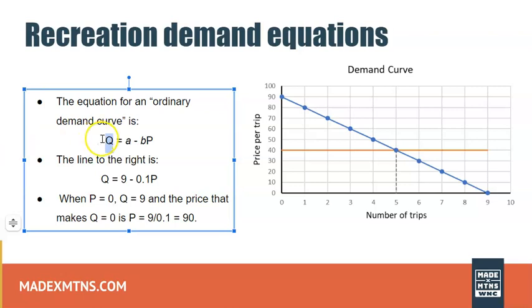Where quantity is number of visits to an outdoor recreation site, and price is the transportation costs, time costs, and entrance fees. Okay, and if you can collect survey data and estimate the demand curve statistically, you can apply some numbers to these vague abstract terms A and B. So the line to the right is Q equals 9 minus 0.1 times price.